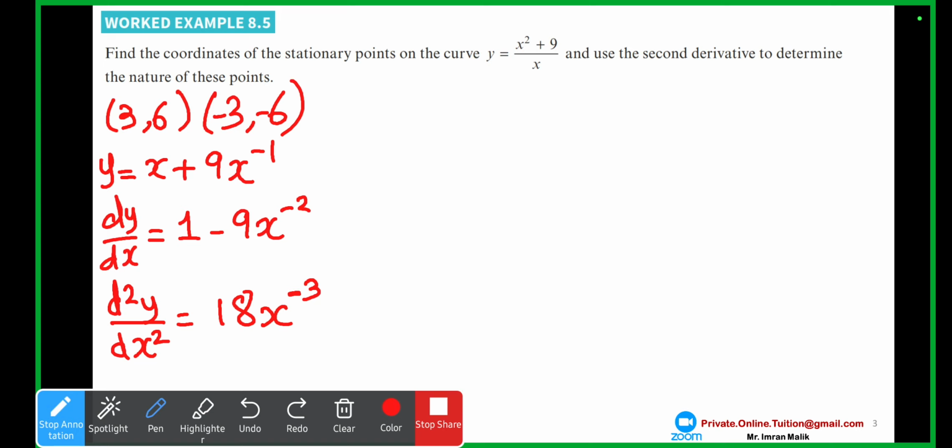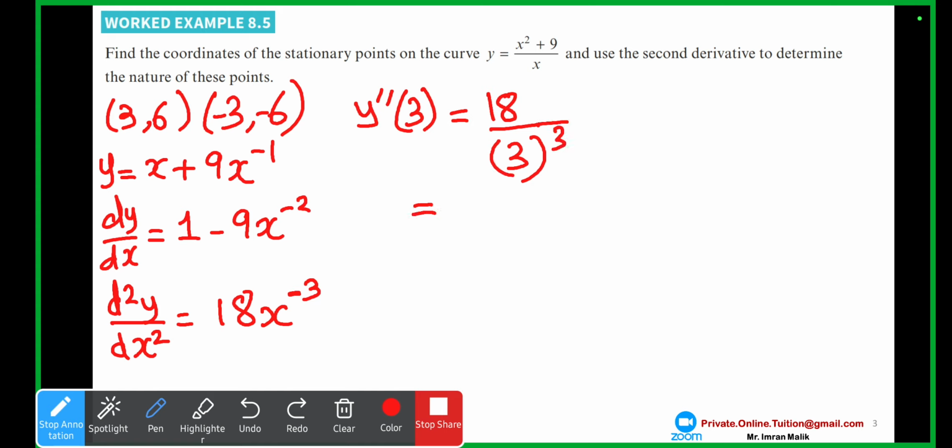Now since we have found the second derivative, we are going to substitute the values of x into the second derivative in order to find out the nature of these points. So let's start with the first one, the value when x is equal to 3. So y double prime, which is the second derivative, at 3 is equal to 18, and I'm just going to write x to the negative 3 as 3 to the power 3.